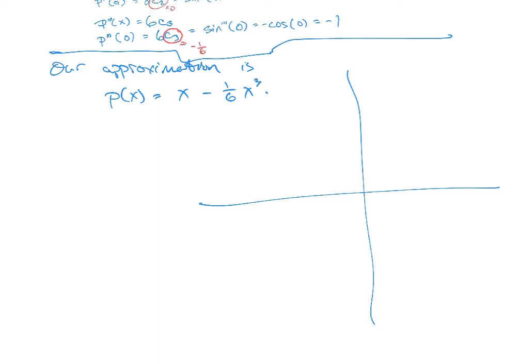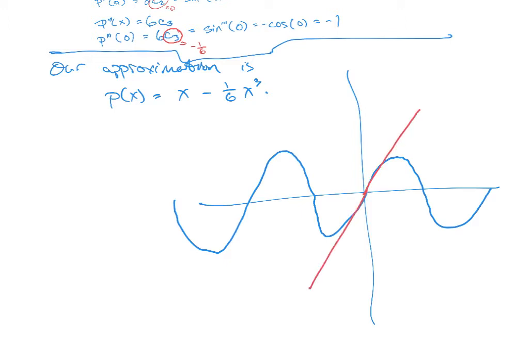Okay, now if we think about sine, there's a sort of graph of sine. If we stopped after just the first derivative, we'd have that approximation.